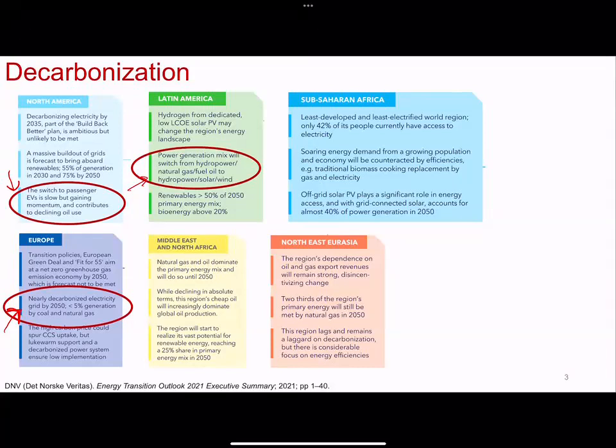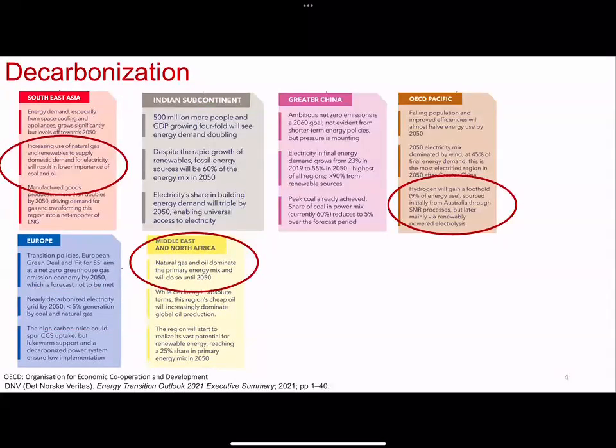So the world is changing, but I don't think I have to belabor the point to this audience. There are reports and studies on what the actual policies are that are driving these changes, not only in Europe and North America, but also Southeast Asia, decreasing coal and oil. The Middle East, well, actually, Middle East oil is still dominant. So some things are not changing.